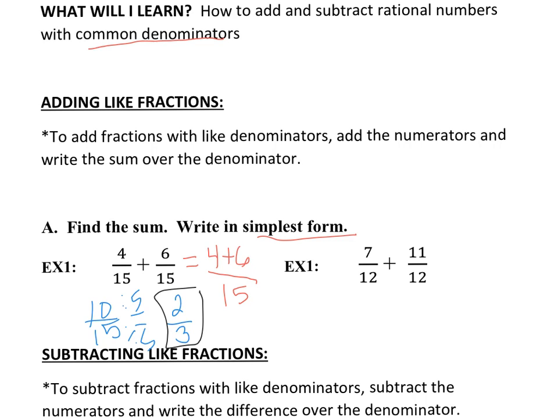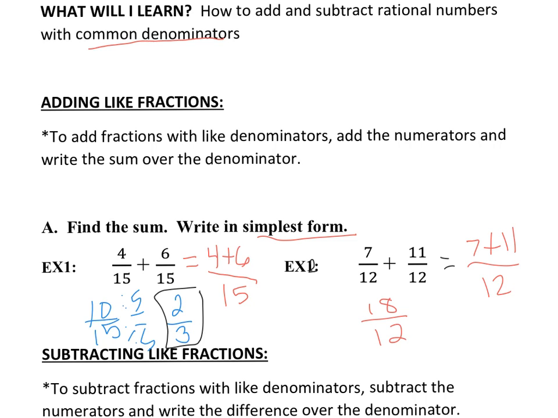Now for example number 2. For example 2, we have 7 over 12 plus 11 over 12. We add the 7 plus 11, and we keep the same denominator. So 7 plus 11, we end up with 18 over 12.